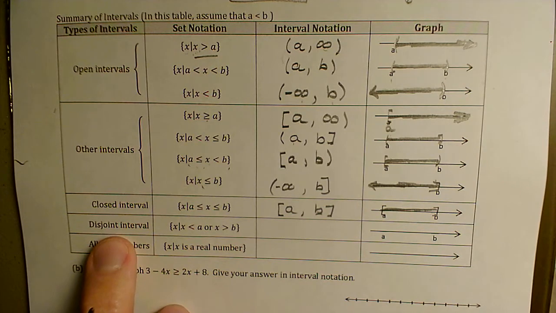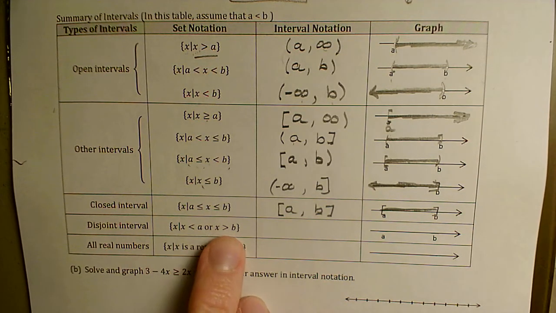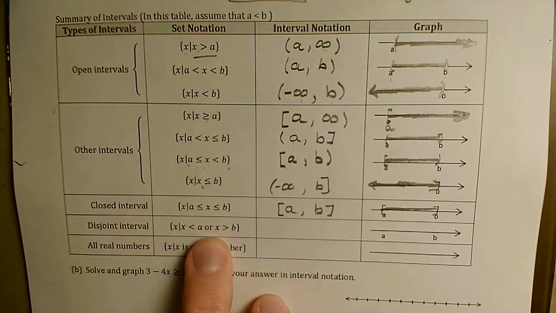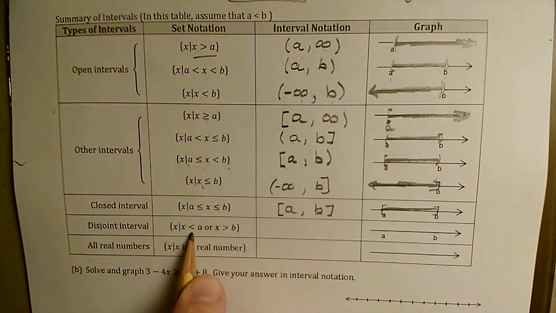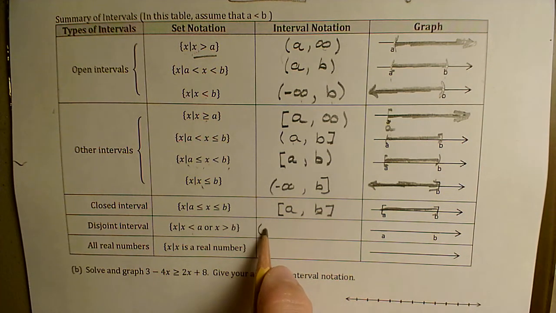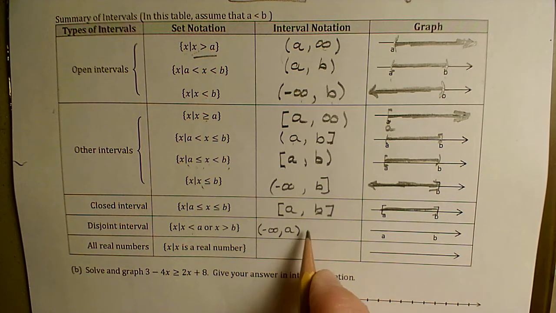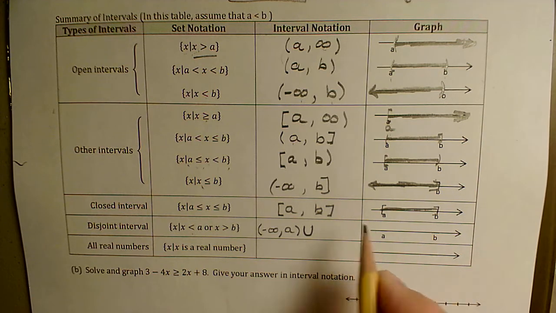Disjoint means that x is less than a or greater than b. So everything below a is negative infinity up to a with a parenthesis, or we use the disjoint or union symbol.